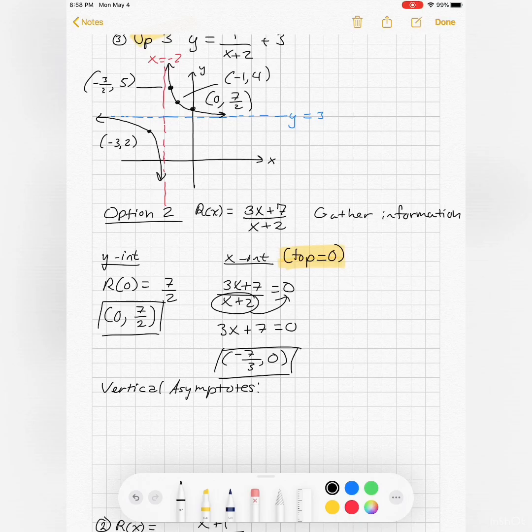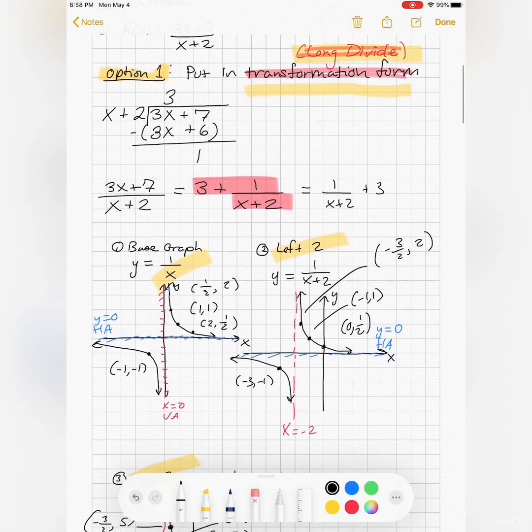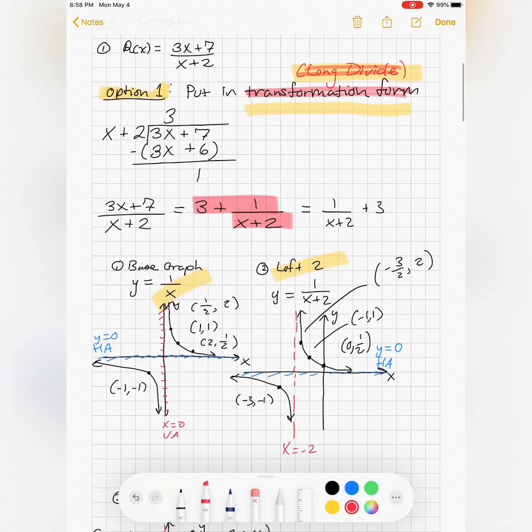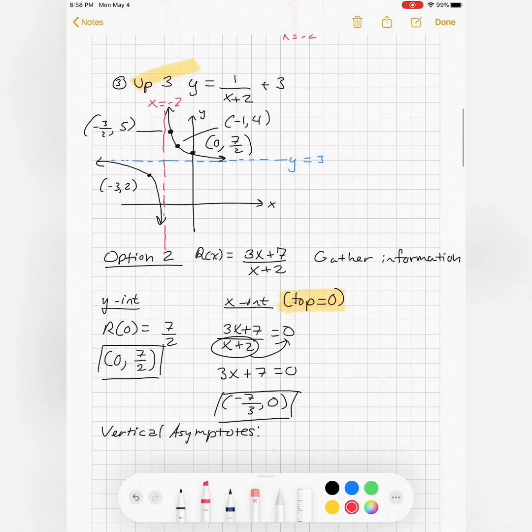So what are vertical asymptotes? If you look back at the graph here, vertical asymptotes are x values where the function is undefined. In other words, they're values of x where the denominator is equal to 0.